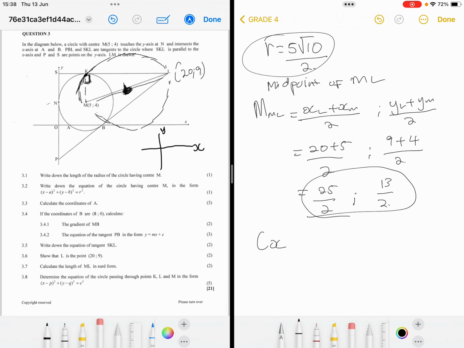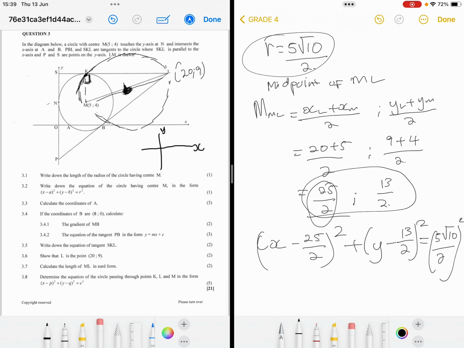It's x, inside the bracket it will be negative, minus 25 over 2, squared, plus y minus 13 over 2, squared, equals the radius squared, which is 5 root 10 over 2, squared. Then you're done. This is your answer. 5 marks. Definitely.